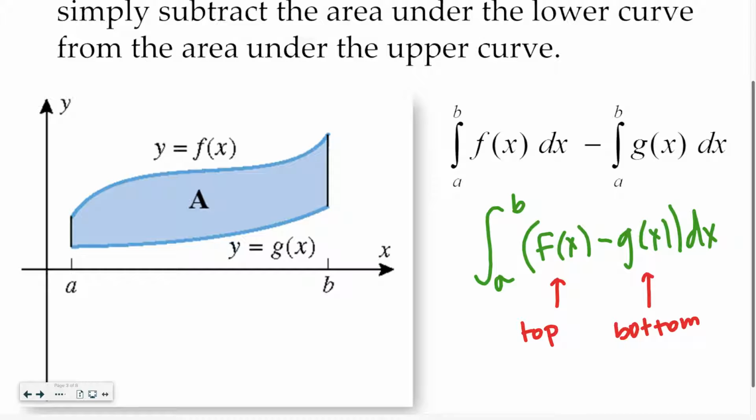We want the highest minus the lowest in order to get that to come out to be a positive area. When we are talking about the area between curves, your area will always be positive, always, because we're talking about the area of a region. When we have area underneath the x-axis, it is negative. But now, when we take area between 2 curves, it will be positive.